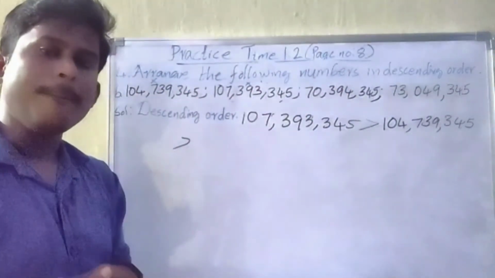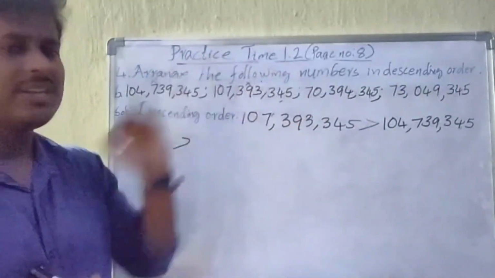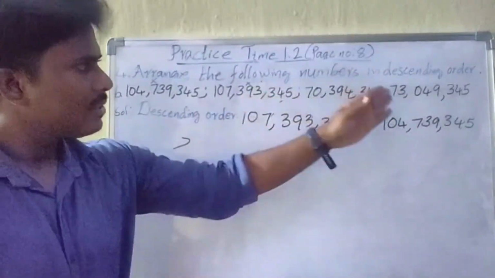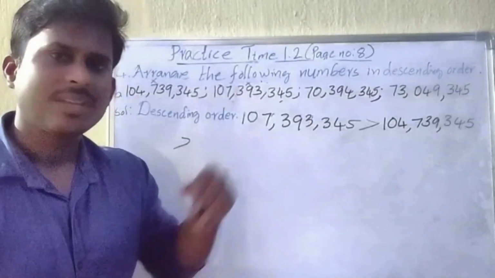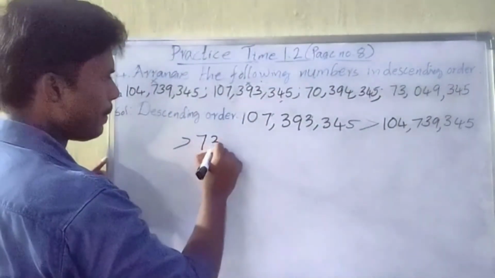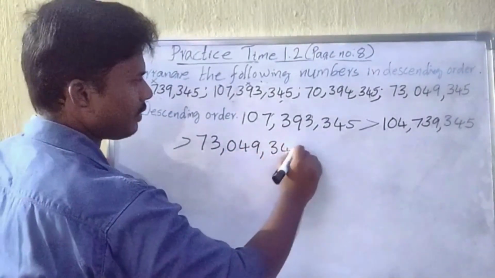Let us look at the millions place only. In the millions place we have 73 here, 70 here. So which number is greater, 73 or 70? 73 is greater. So let us write here 73 million 49,345.